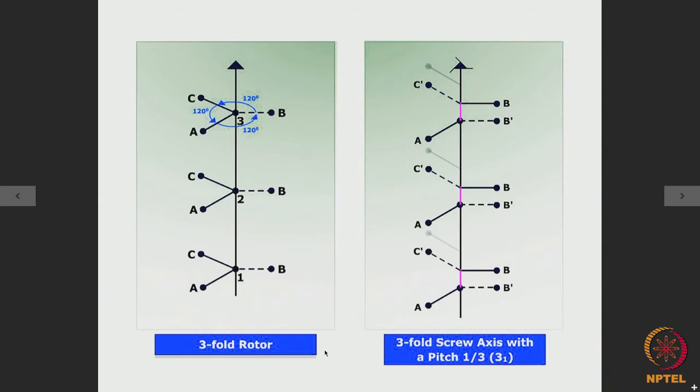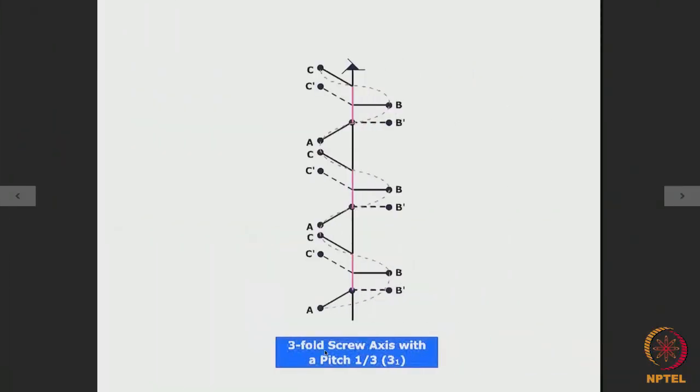So, there will be subtle differences in the location of atoms in two crystals having, say, a threefold rotor in one case and a threefold screw axis in the other case. Now, if we join the points produced by a threefold screw axis one after the other, you will find that they look like a screw kind of a thing.